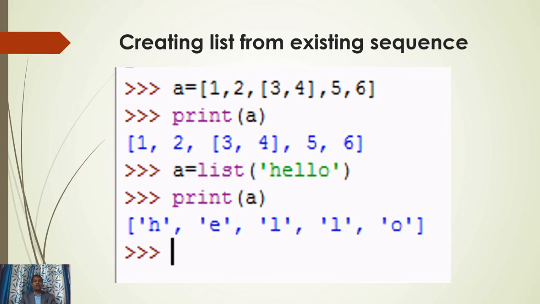If you want to create a number value list, then you can put the numbers in single inverted comma or double inverted comma. Then the number will be treated as a string value and a list of the sequence will be generated.